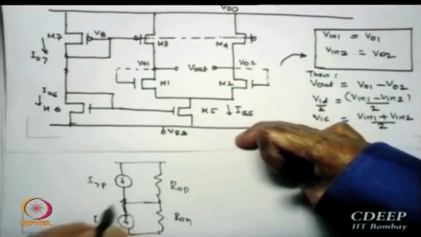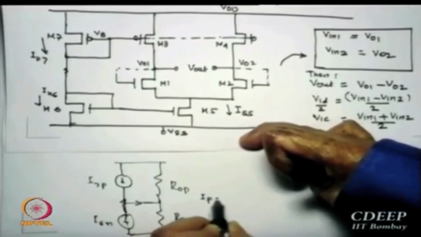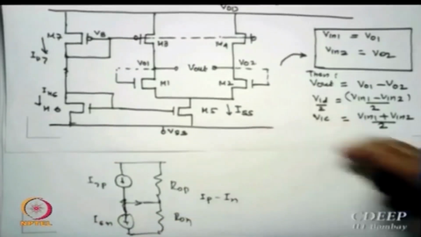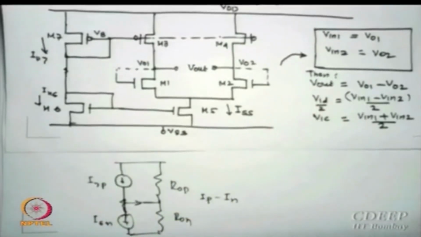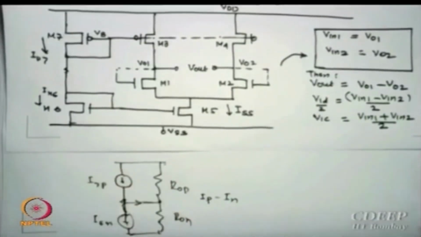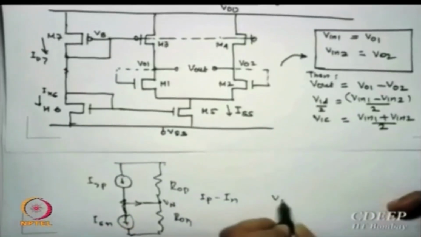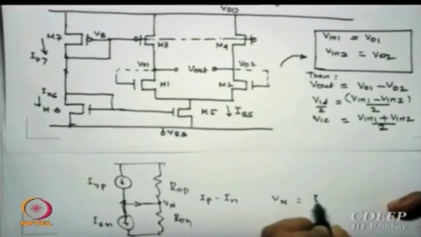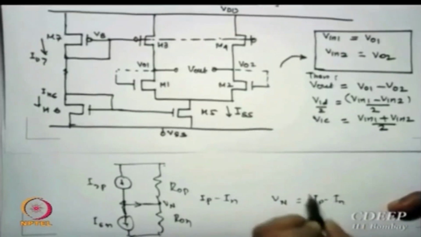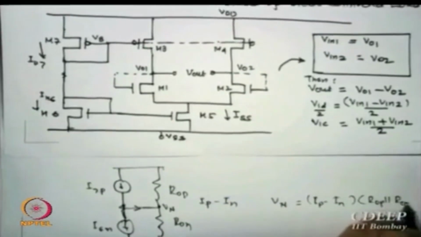If these are not equal, in this arm there will be IP minus IN, whichever is higher, with the sign appearing, and since at this node these are parallel resistors, at this node I have IP minus IN times ROP parallel RON.